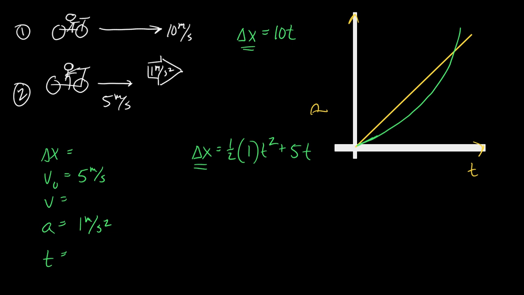On the other hand, you could just put this into your TI as y equals 10x, put this into your TI as y equals a half x squared plus 5x, and let the calculator do the work. Right? Why'd you buy those TIs if you don't want to use them? But the calculator will do this. So will Desmos.